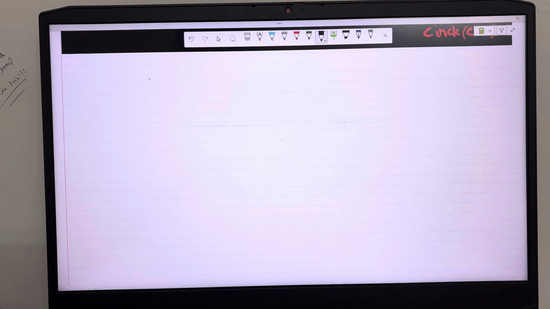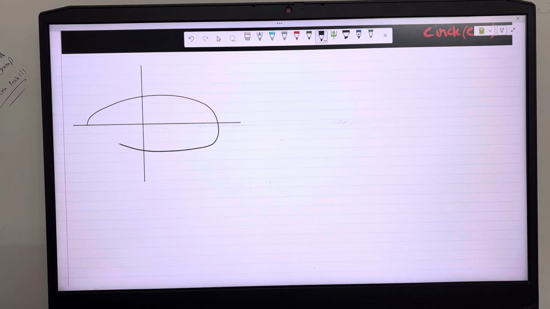So now draw one figure. Pay attention, and please make it very pretty. Let's make an ellipse.